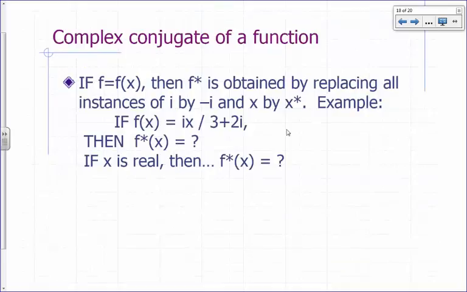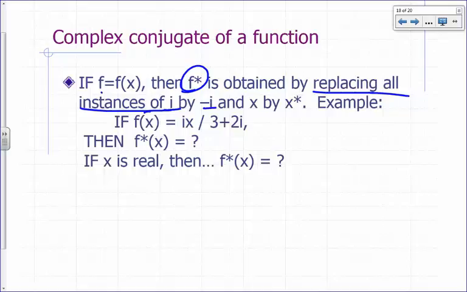Let's talk about the complex conjugate of a function. If f is a function of x, then the complex conjugate of function f is obtained by simply replacing all instances of i by negative i. So that's the rule. To take the complex conjugate of anything, anytime you see an i, replace it by negative i.